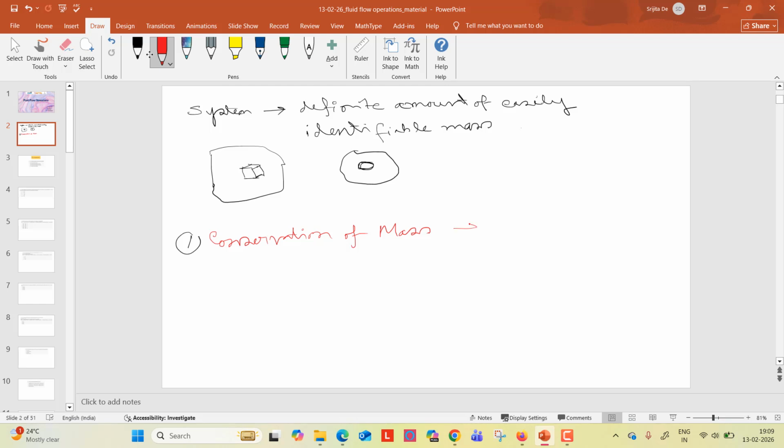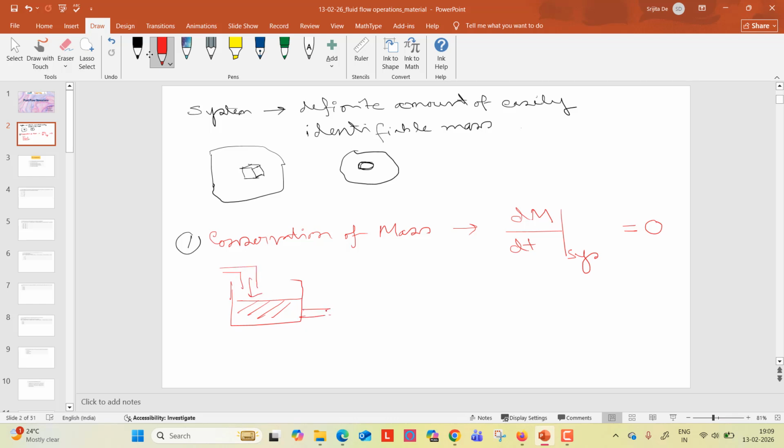So this is dm dt of this system is 0. That is the conservation. That means the mass is not changing over the time. Suppose a fluid is flowing from, suppose there is a fluid there and there is an inlet and there is an outlet.